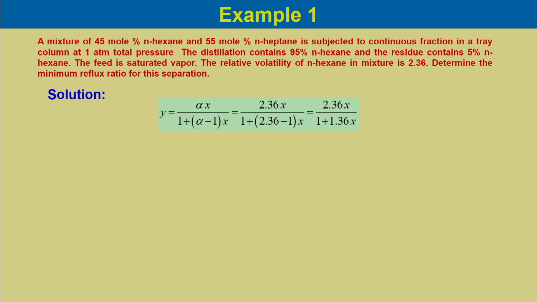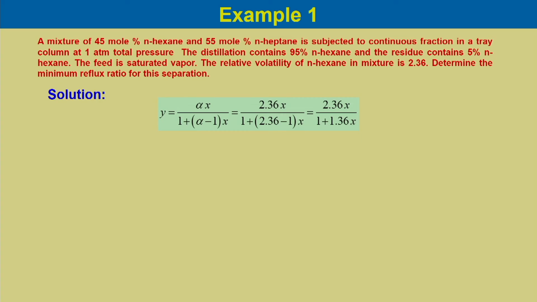So, the relative volatility is given and we know the equation relating x and y through relative volatility: y is equal to alpha x divided by 1 plus (alpha minus 1) x. Substituting the value of relative volatility, we obtain y equals 2.36 x divided by 1 plus 1.36 x.